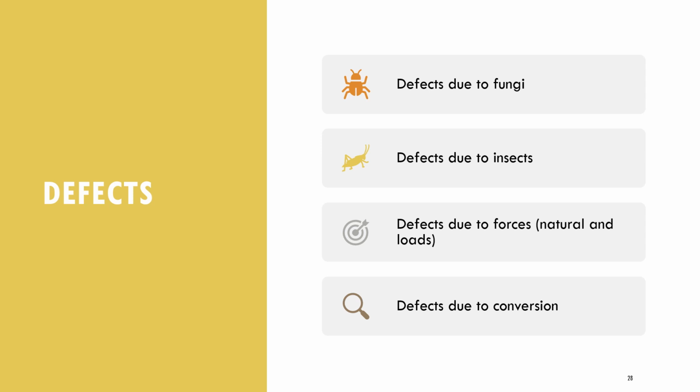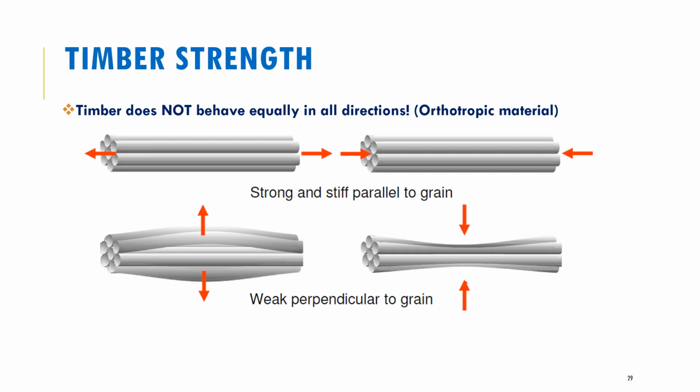So when we say conversion process, what I mean by that is the manufacturing process that timber goes through. So when you remove it from the plant and you process it for manufacturing or to produce a final product, there's certain defects that can take place during that manufacturing process, and these are defects that would be classified as defects occurring due to conversion.